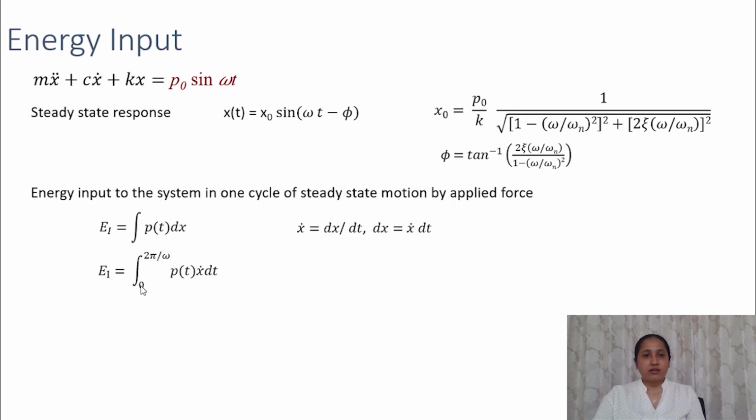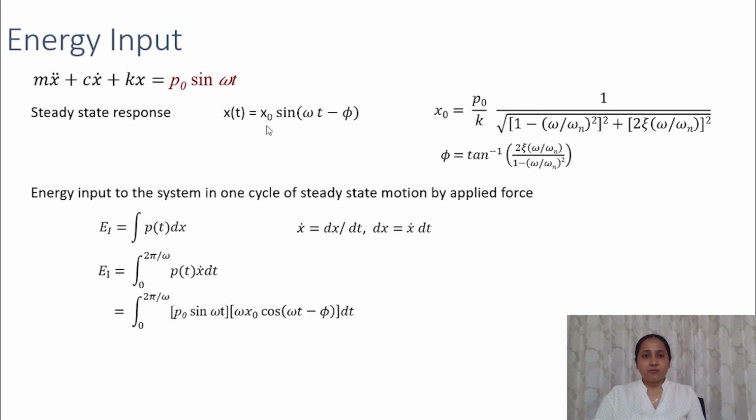So our energy will become integral 0 to 2 pi by omega, that is equivalent to 1 cycle, Pt x dot dt. So we can substitute the values. Pt is equal to p naught sine omega t, and x we know, we can differentiate this and get x dot, that is the velocity.